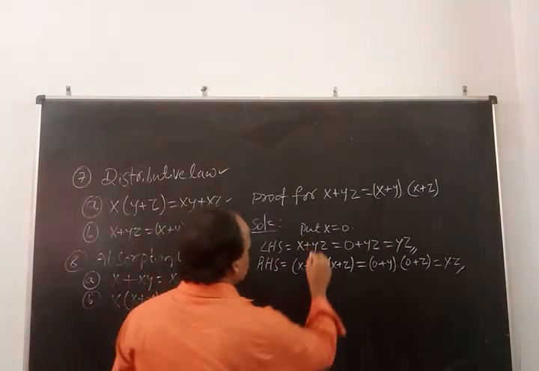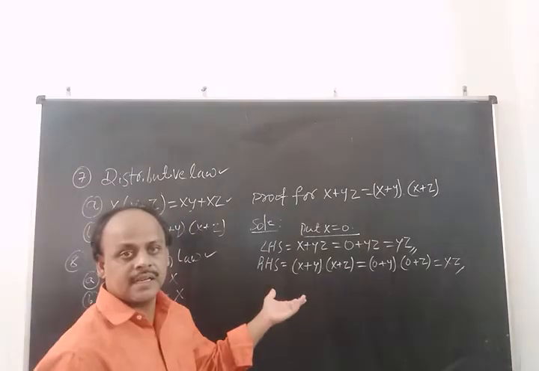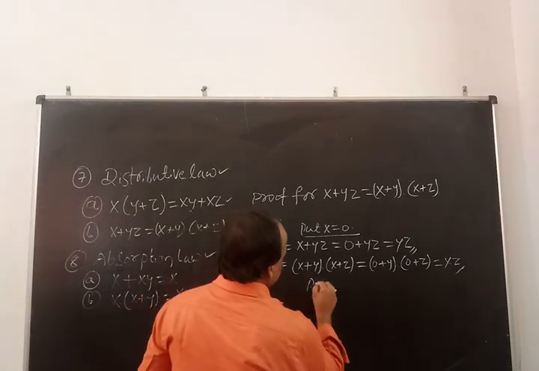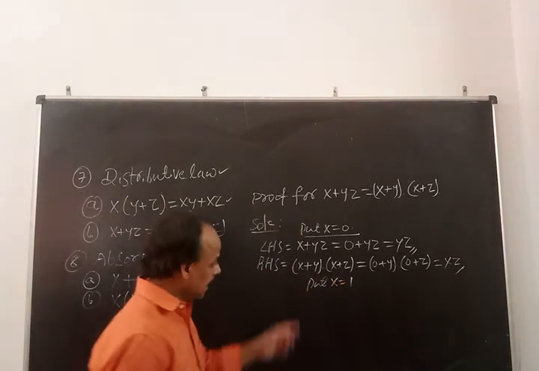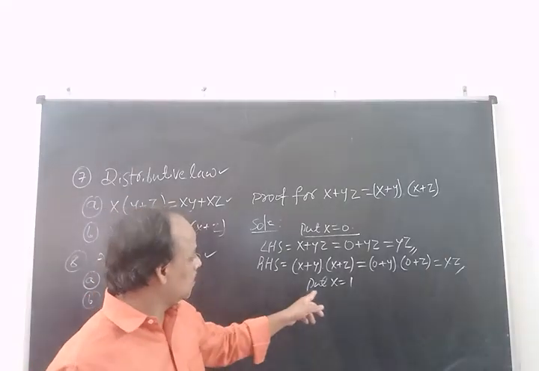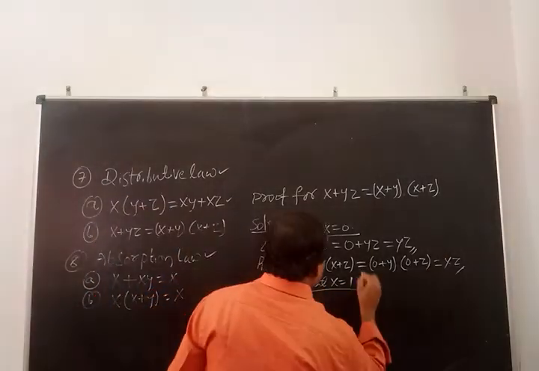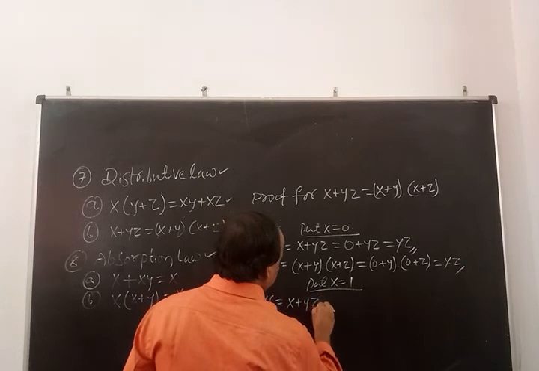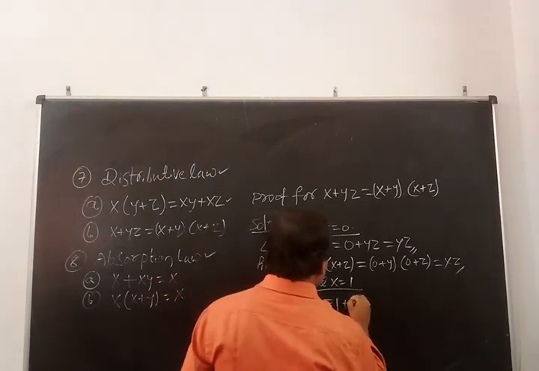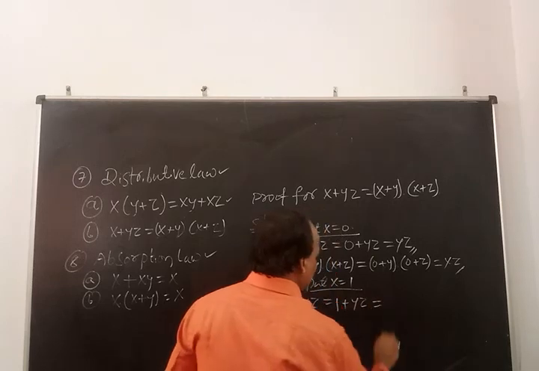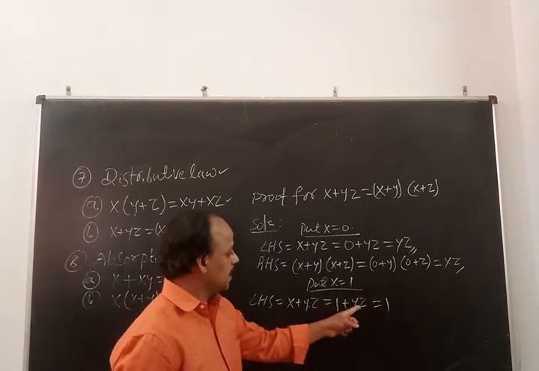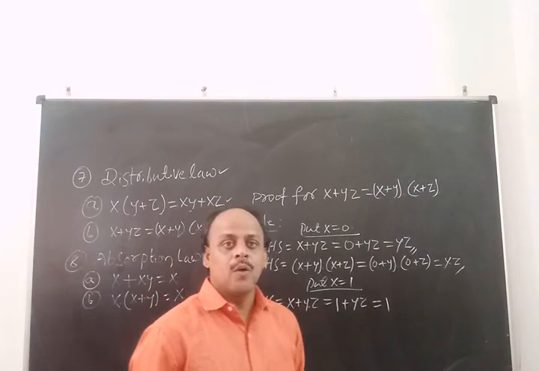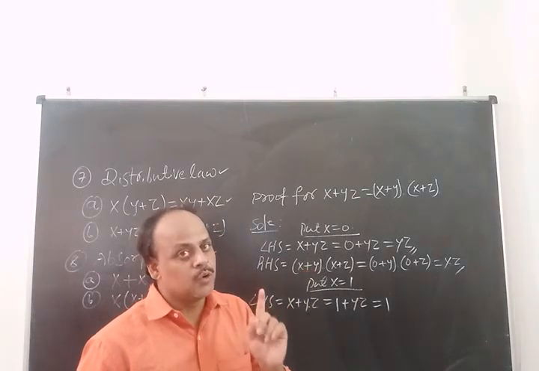Now let us check whether LHS and RHS become the same or not by putting x equal to 1. Here also we must get LHS equal to RHS, then only it is true. Let us see. LHS equal to x plus y into z, which will be equal to 1 plus y into z, which will be equal to 1, because of the properties of 0 and 1: 1 plus any Boolean variable is equal to 1.